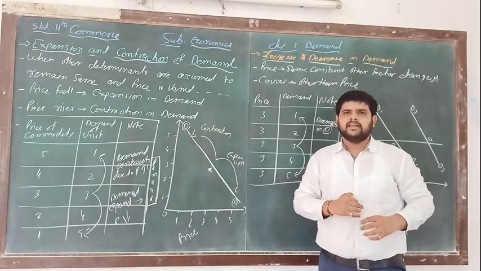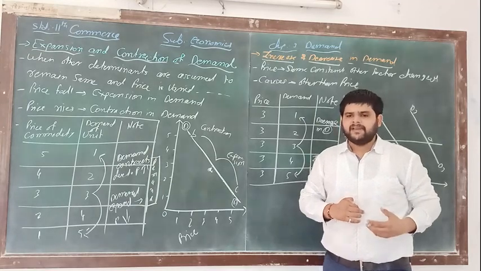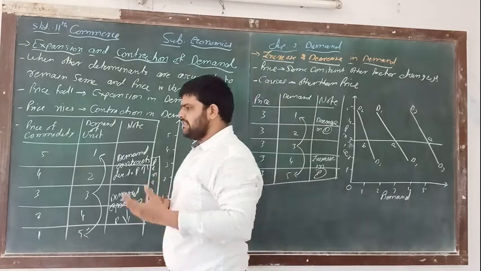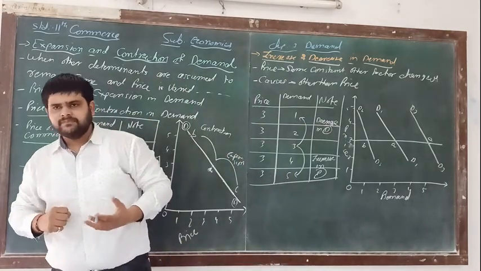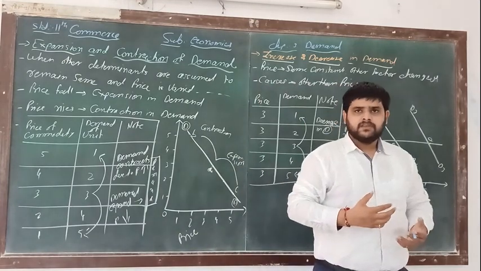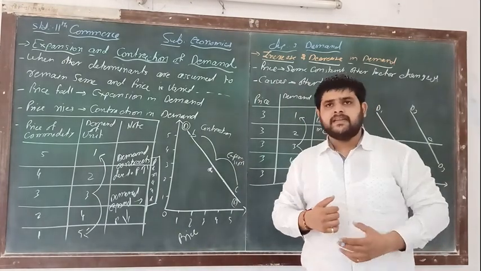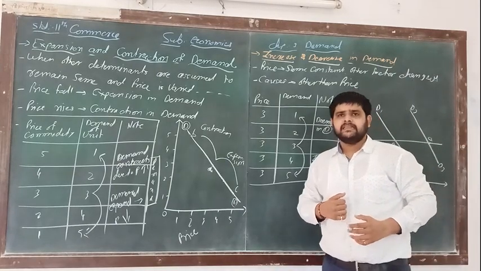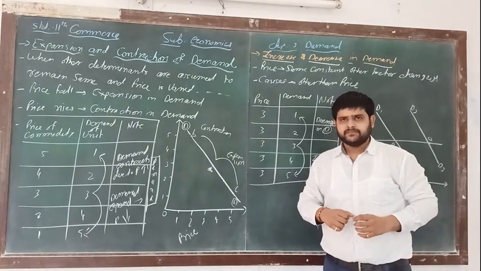Second, other than price. And other than price, there are 5 different types of factors: choice and preference, income of the consumer, substitute goods, complementary goods, future expectations of the goods, and last one, the structure of population.